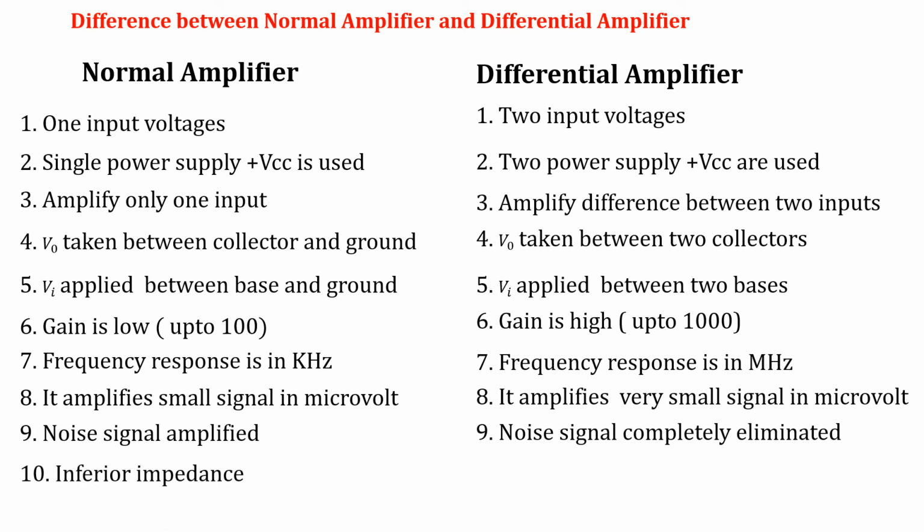And the last one: a normal amplifier gives inferior impedance, while a differential amplifier gives superior impedance. These are the various distinguishing points between normal amplifier and differential amplifier. The next point we continue in the next lecture. Thank you.